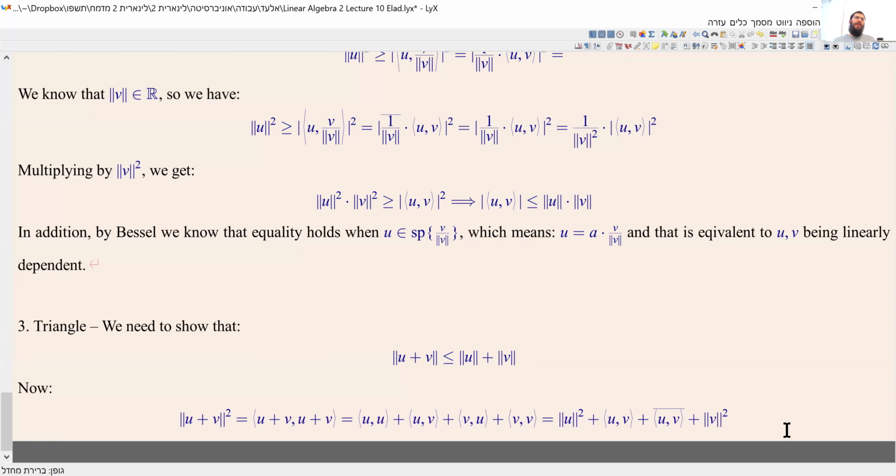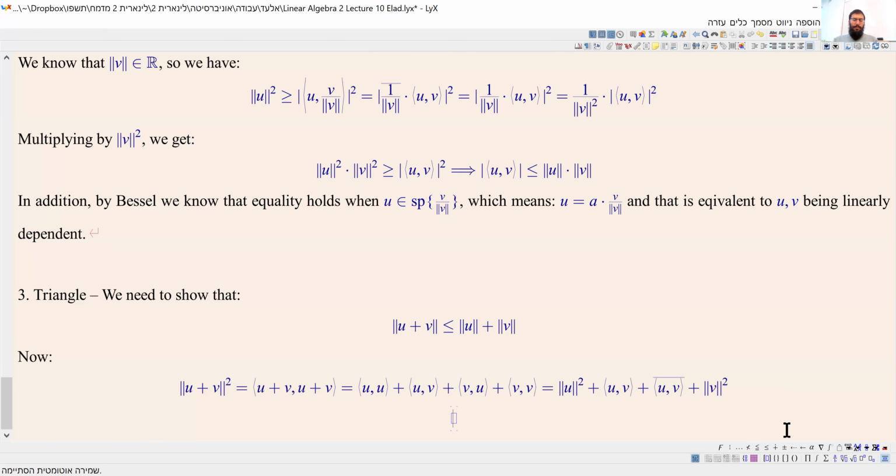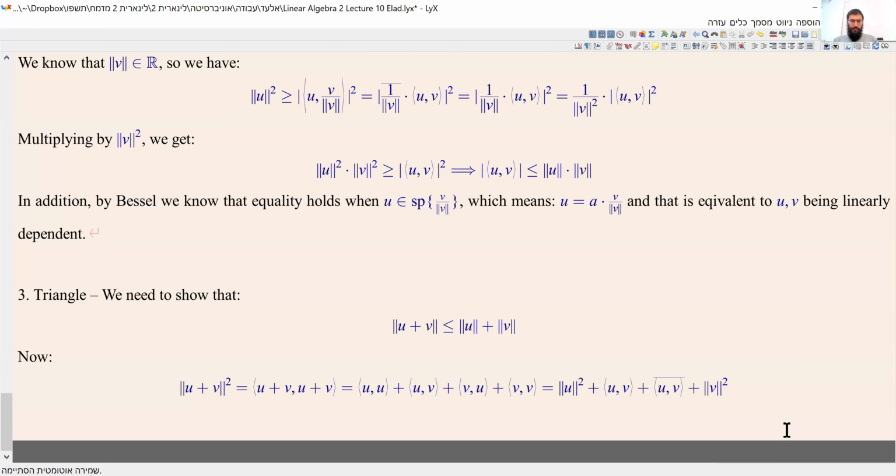Now, what happens when you add up a number with its complex conjugate? What are you left with? The imaginary part? No, the real part, and actually twice the real part. Let's write it explicitly.